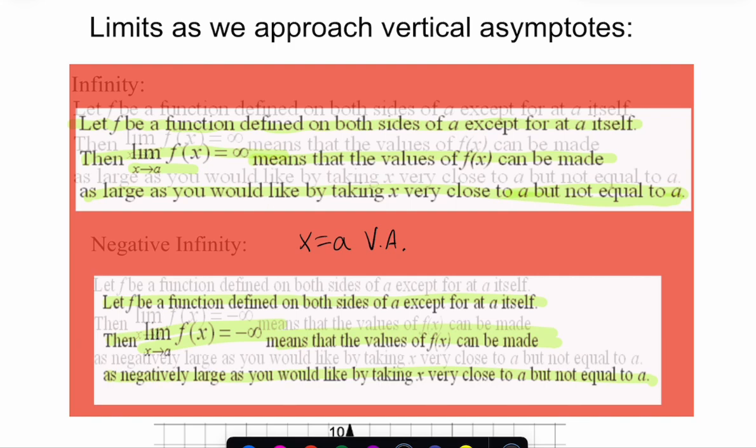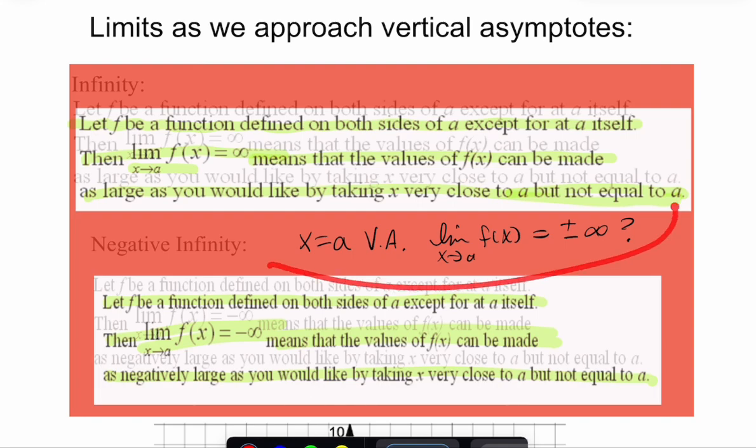If x equals a is a vertical asymptote, the limit as we approach a is either going to be positive infinity or negative infinity, one of the two. And as we do these, I'm going to show you how we can pinpoint that, okay? So that's the main thing to remember, depending on what the function is doing.